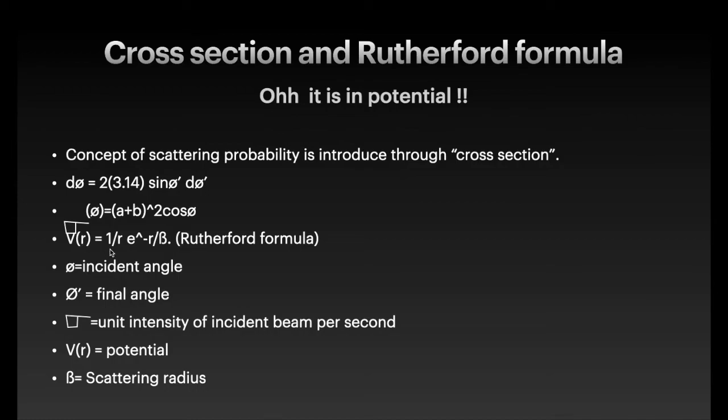V(r) is 1 upon r e to the power minus r by beta. It is the Rutherford formula. Phi is the initial angle, phi dash is the final angle, sigma is the unit intensity of the incident beam per second, V(r) is the potential, and beta is the scattering radius.